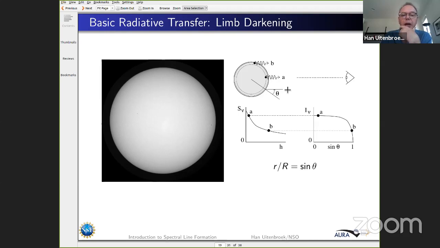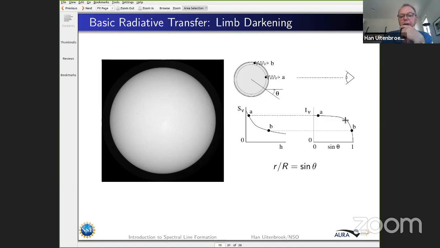And now when we have a source function that decreases with height in the atmosphere, we see that when we observe the intensity for this center, when we look straight into the atmosphere, it maps to a higher intensity than the intensity at a ray that looks into the atmosphere at an angle, because that samples a higher layer where the source function is lower.